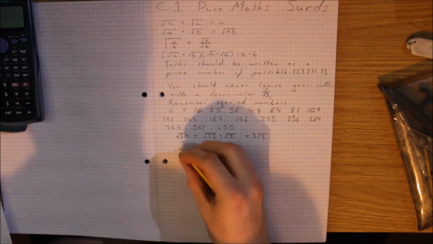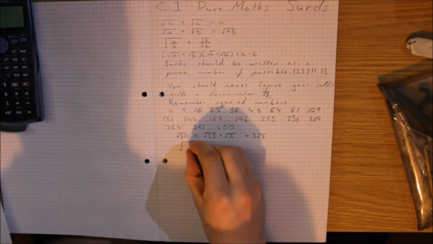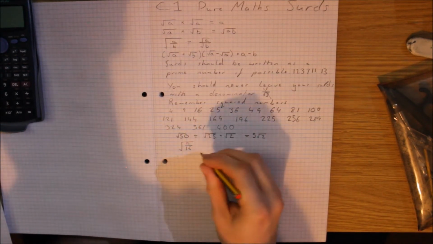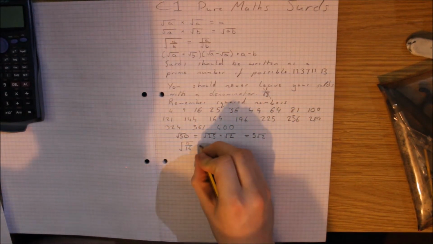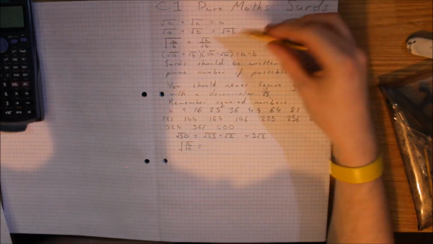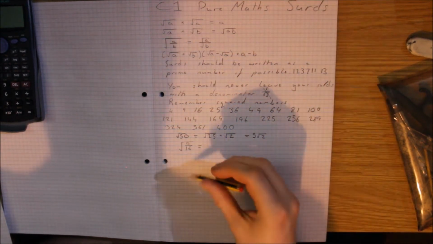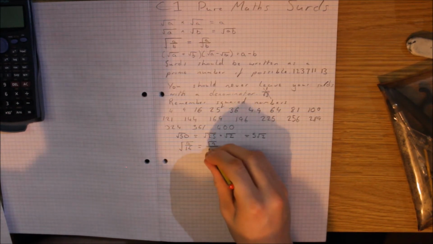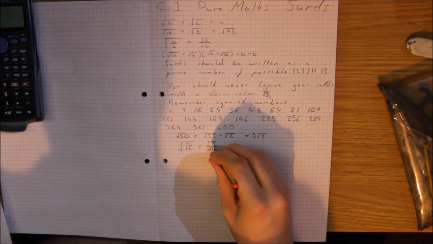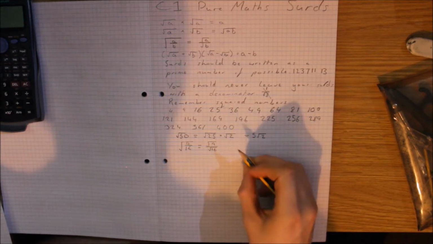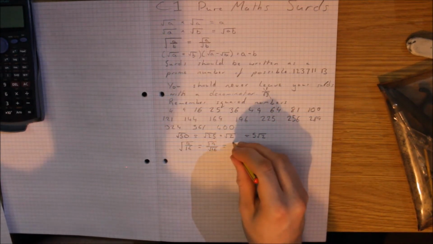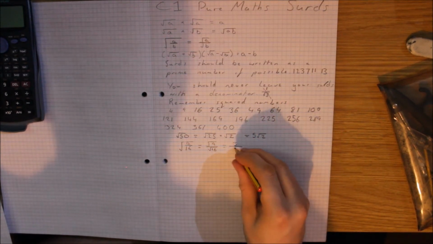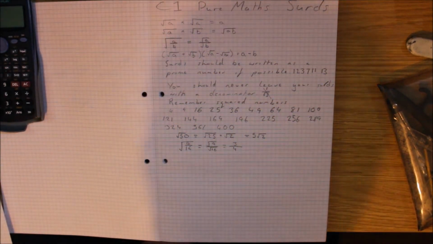The next one, let's do root 9 over 16. Nice numbers. Following this rule here, we would say root 9 over root 16, and I know that 3 times 3 equals 9, so that's 3 over 4, and 4 times 4 equals 16, so it's 3 over 4.